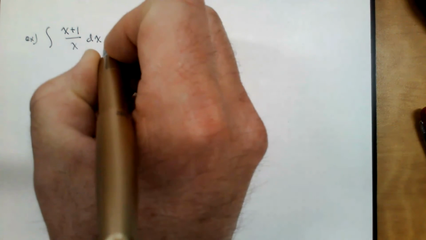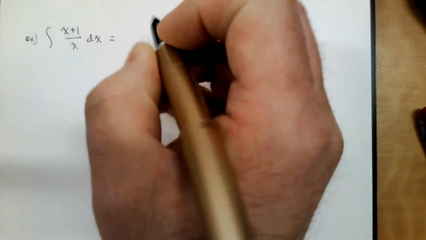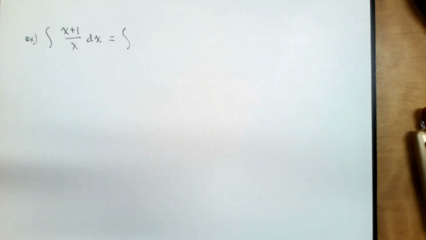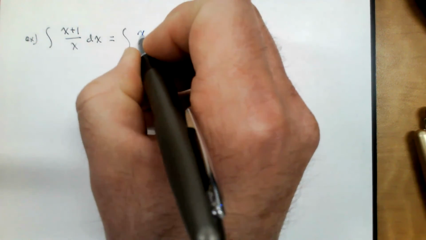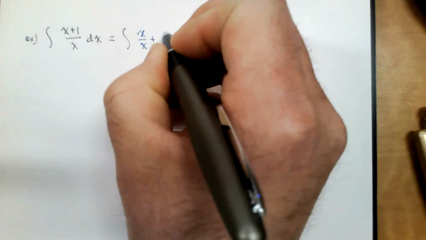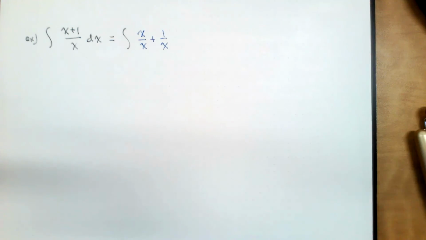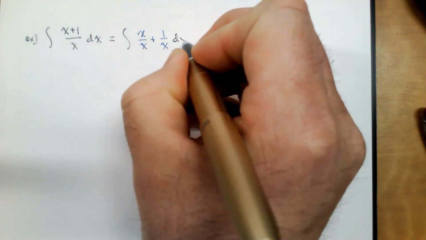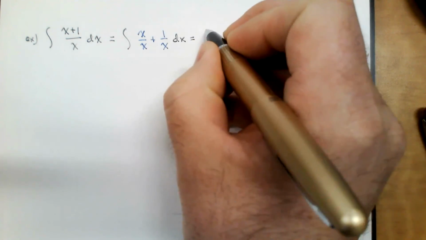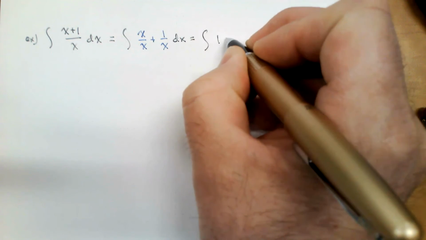If we can write terms that are powers of x, then we should write terms that are powers of x. I'm going to write this as x over x plus 1 over x with the distributive property. No substitution required here. And then I'm going to rewrite the x over x as 1.